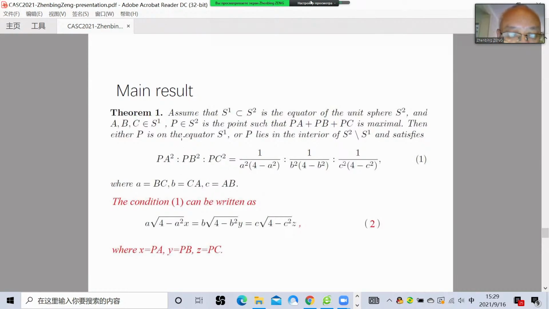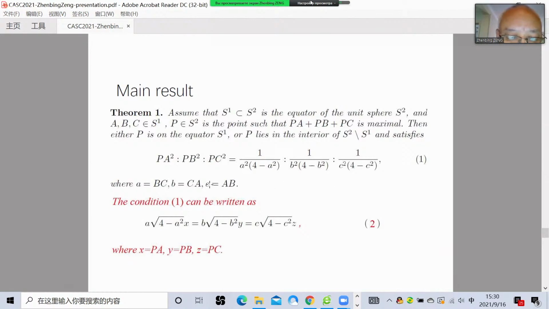We proved that if ABC are from the equator, and P satisfies this sum being maximum, then either P is on the equator too, or P lies in the interior of the hemisphere set minus the equator.